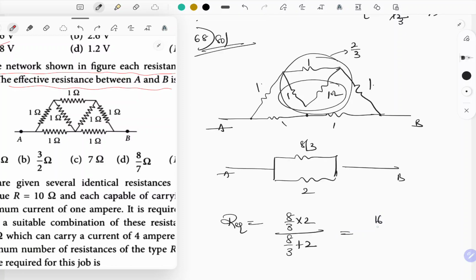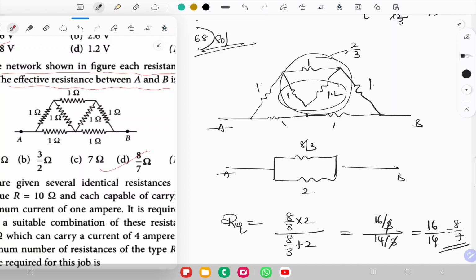It is 16 by 3 divided by 6 plus 8, 14 divided by 3. So this will get cancelled. 16 by 14. So you can replace it as 8 by 7. Which option? Option D is the correct answer.